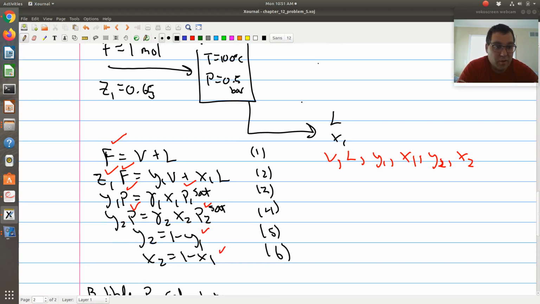And then here I wrote our constraint equations, just that our mole fractions have to sum to 1. If you wanted to add your activity coefficient expressions, you could do that as well. That would have been equations 7 and 8, at which point gamma 1 and gamma 2 would have been 2 more unknowns. I would have had 8 equations and 8 unknowns. But that's it.